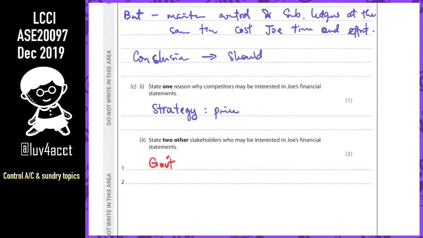Or is there any difficulty in that industry, and the government wants to support this industry and give subsidy? Also possible. And I will also give banks or credit provider. To be specific, I would say bank. Okay, next one.